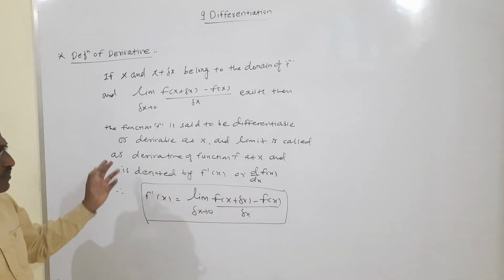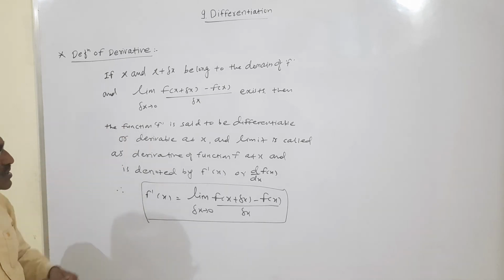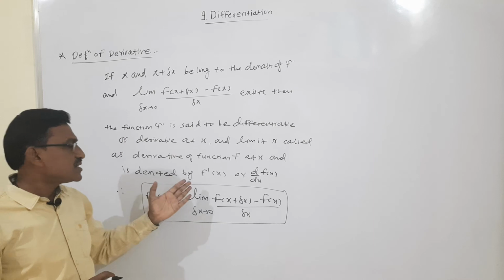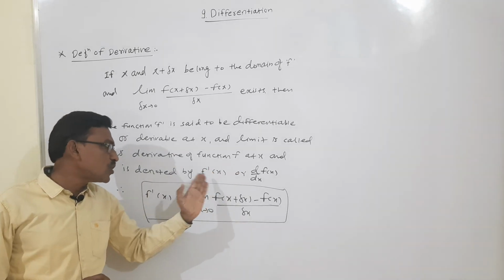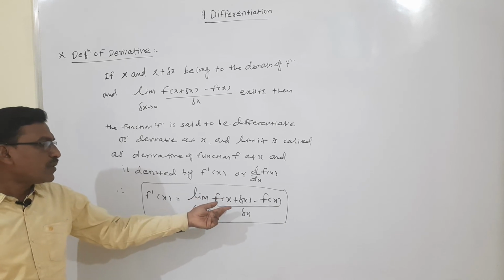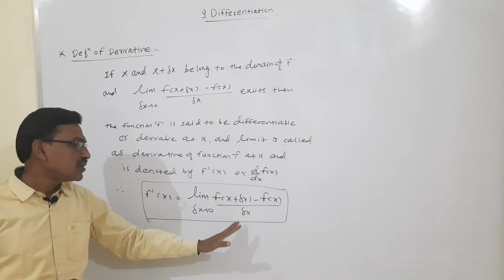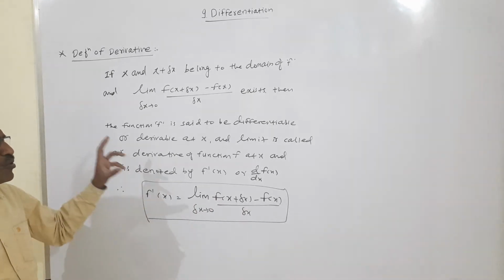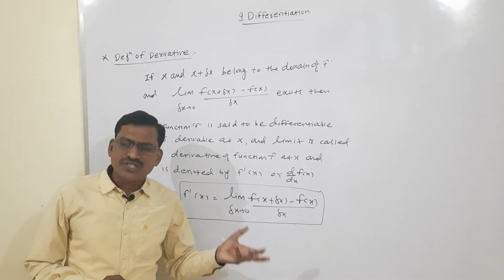So f dash x is equal to the limit of f of x plus delta x minus f of x upon delta x, as delta x tends to 0. We have already studied the limit chapter.